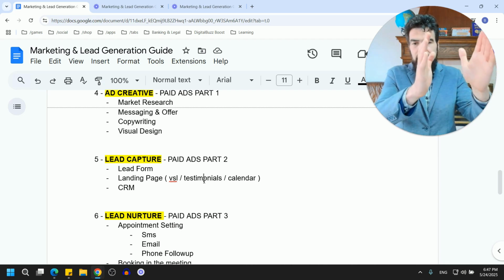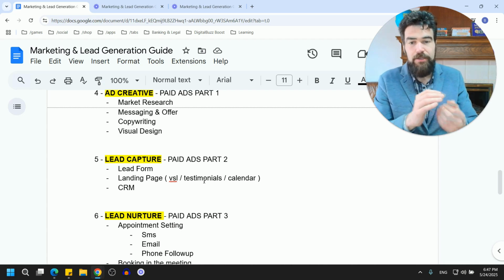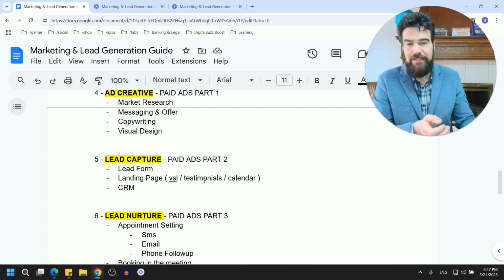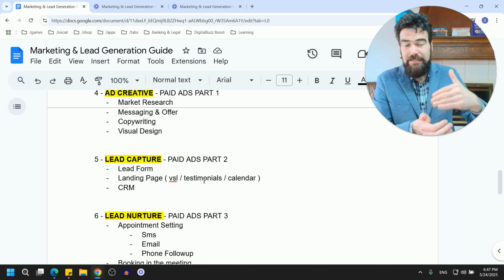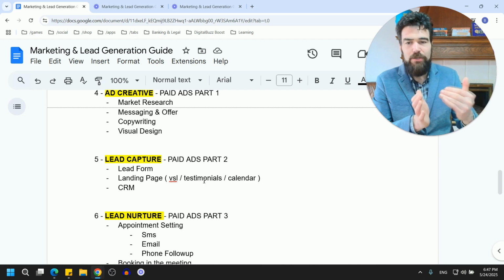separate smooth flow website where you can either put a VSL in some cases, and you usually put testimonials and a calendar there so that people can book in a meeting themselves. And all these leads eventually go to a CRM.